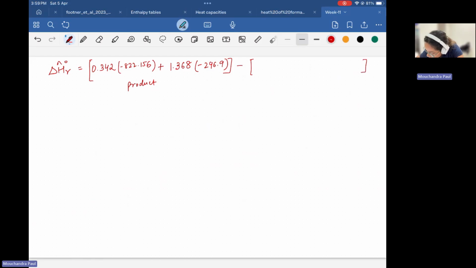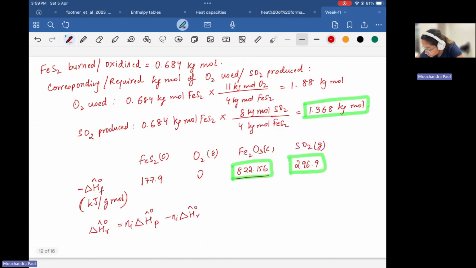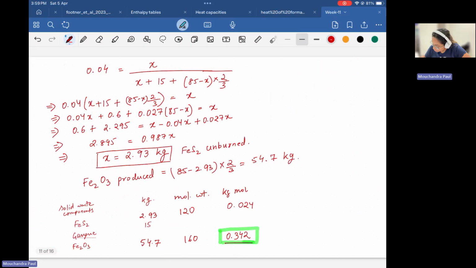In the reactant side, there are the remaining two components, FeS2 and O2. For the number of moles of FeS2, we calculated two values. One is how much is supplied initially. Then we calculated the number of moles that is unburned, that did not burn and became part of your solid waste.